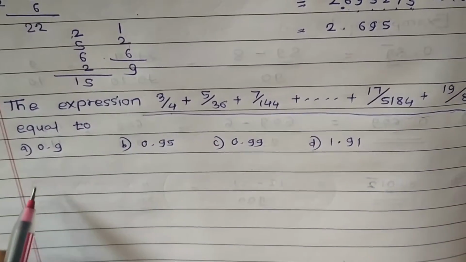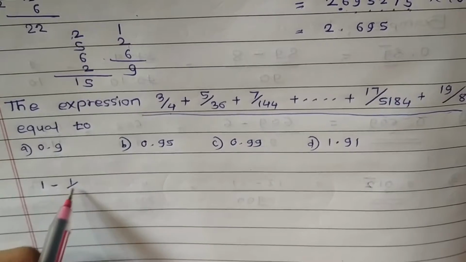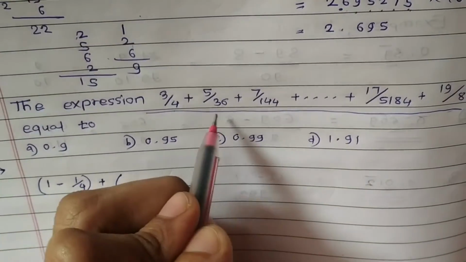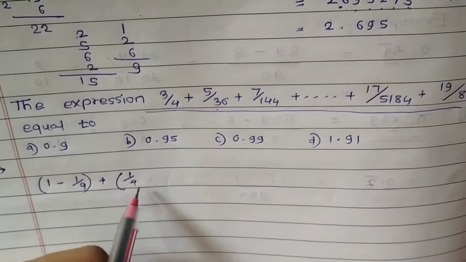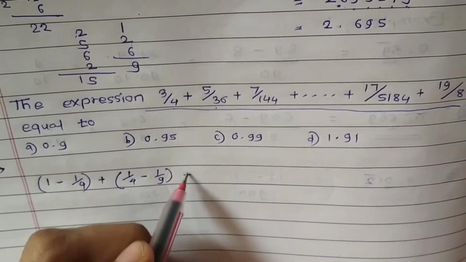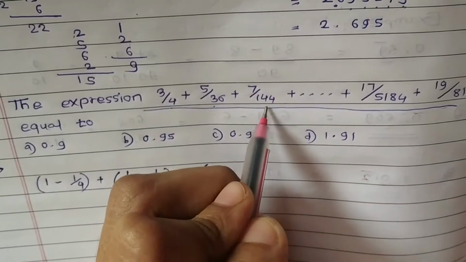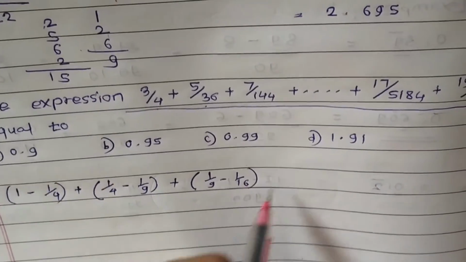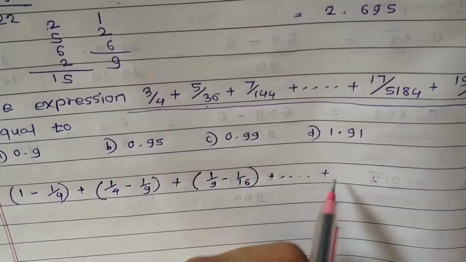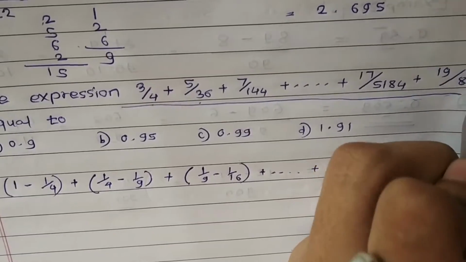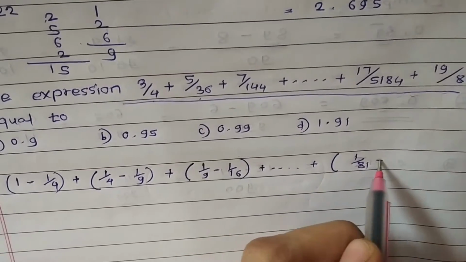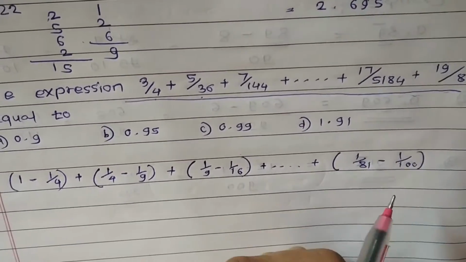So 3 by 4 can be written as 1 minus 1 by 4, plus 5 upon 36 can be written as 1 by 4 minus 1 by 9. 7 upon 144 can be written as 1 by 9 minus 1 by 16, plus so on, plus 19 upon 8100 can be written as 1 upon 81 minus 1 upon 100.